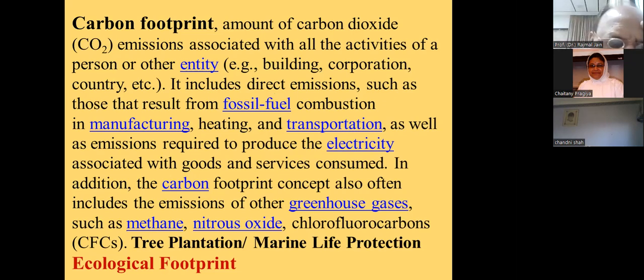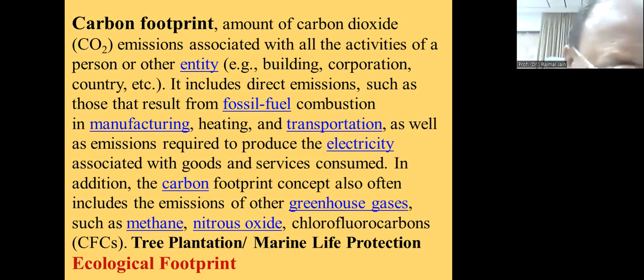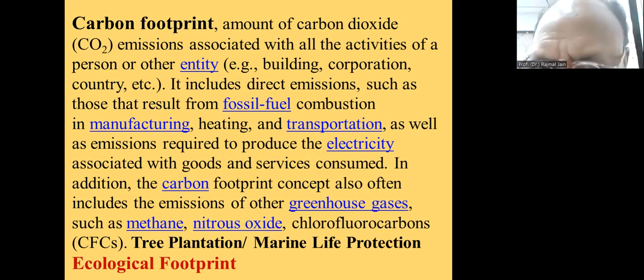So why does it happen? Because of carbon dioxide emission, as I told you last time when I was talking about the atmosphere and the Vayu Kaya Jiva: the fossil fuels we are burning, that is petrol, diesel, kerosene, ethanol, and all other things. Not only this combustion, but also industries, manufacturing, heating, transportation, electricity generation, many things.